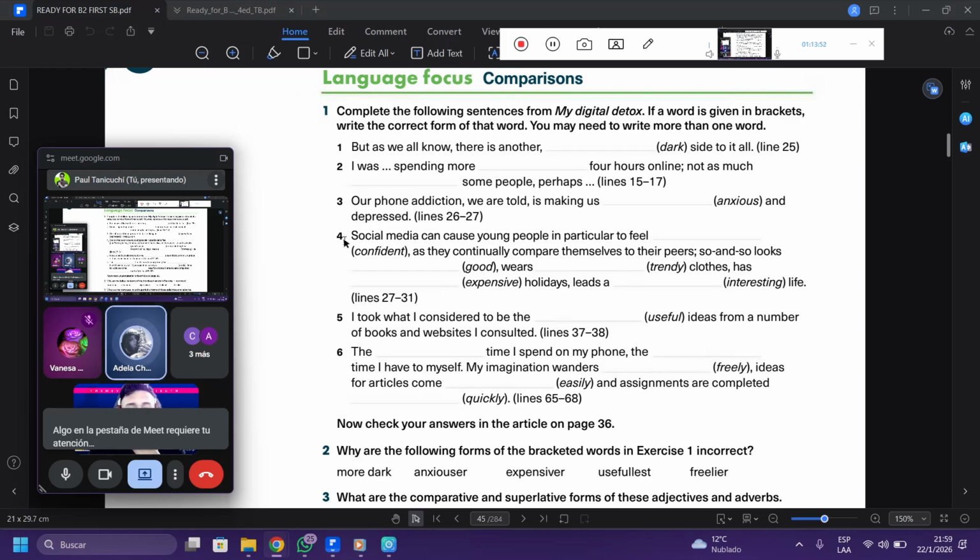So-and-so looks better, wears more trendy clothes. In this case, it's trendier clothes, has more expensive holidays, and leads a more interesting life. Perfect.